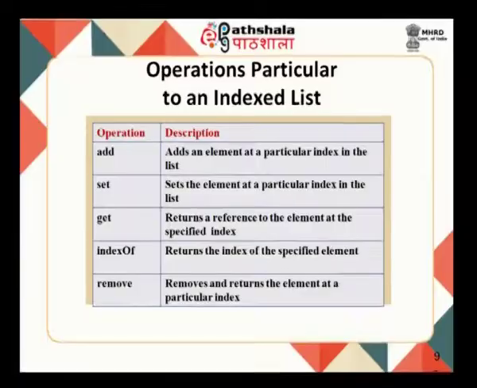Here you have to say the index: add an element at a particular index, set the element at a particular index to a particular value, get the reference to the element at a specified index, return the index of a specific element that is given, and remove and return an element at a particular index. So, these are operations that are specific to index lists, and we talk about ordered, unordered and index lists.